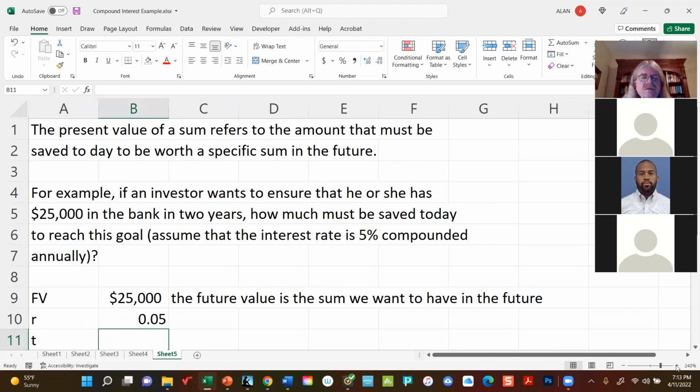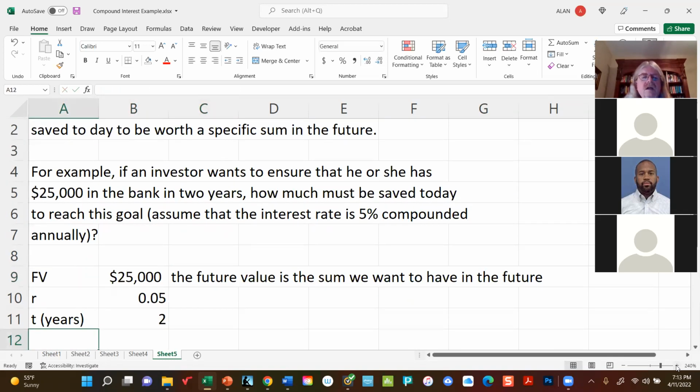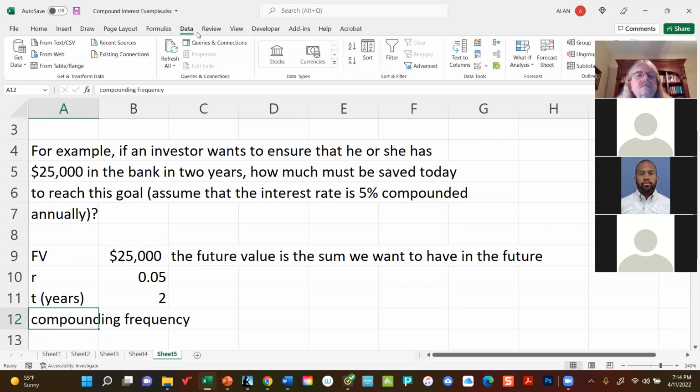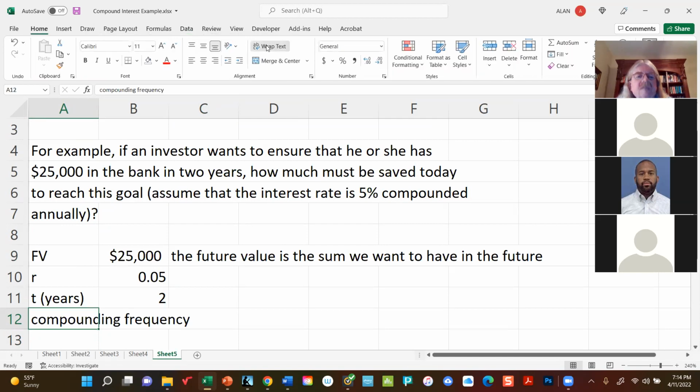The time is 2 years. And let's say, just to keep it simple, the compounding frequency is once a year.